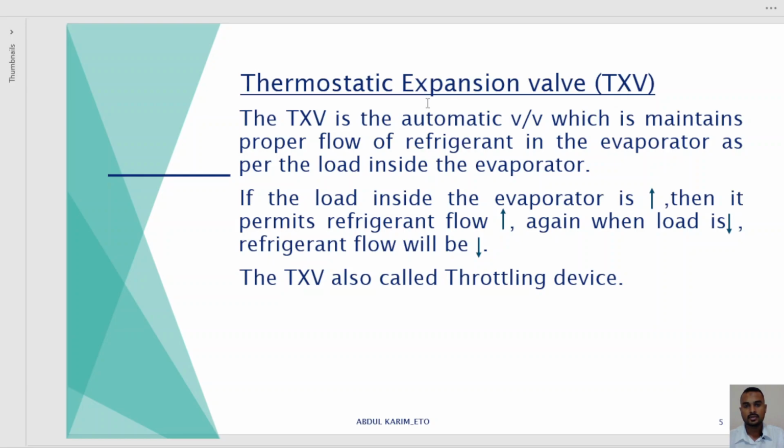Then it sends the required amount of refrigerant to the evaporator. If the load inside the evaporator is increased, then it permits more refrigerant flow. Again, when the load is decreased, it permits low refrigerant flow. The expansion valve is also called the throttling device.